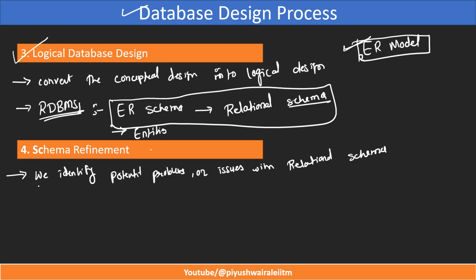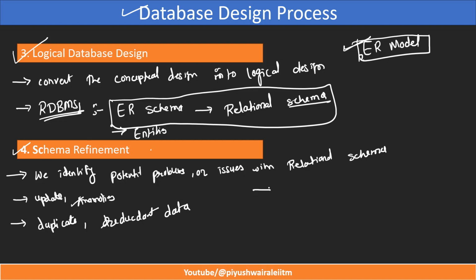Also, there will be duplicate entry of data, that is redundant data. So in order to overcome the various anomalies, the redundant data, and the duplication of data, we need to do the schema refinement.